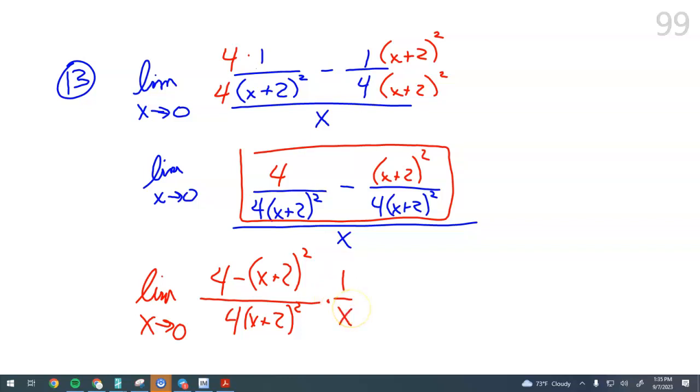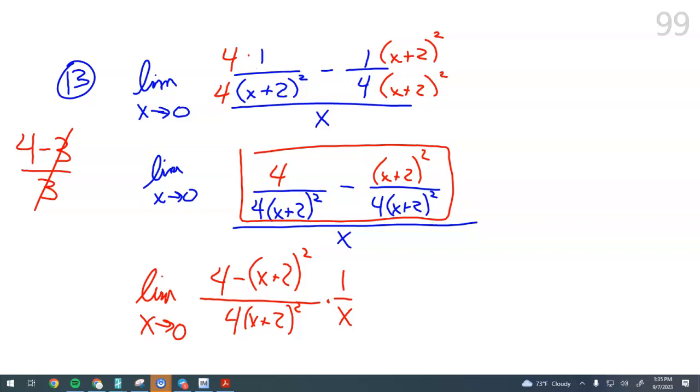So that doesn't really look right now. I'm trying to cancel these x plus 2 squareds, that would be like saying 4 minus 3 divided by 3 is 4. You can't do that. You can't cancel unless it's in every single term. So it's not in this term, so you can't cancel it.